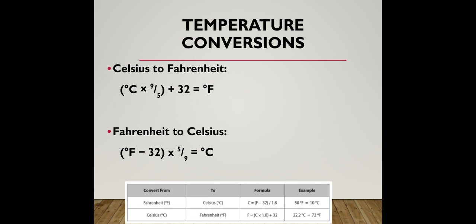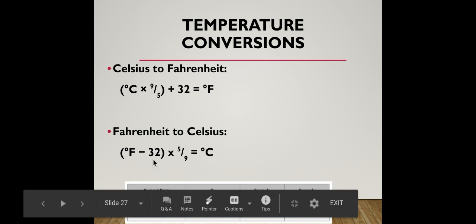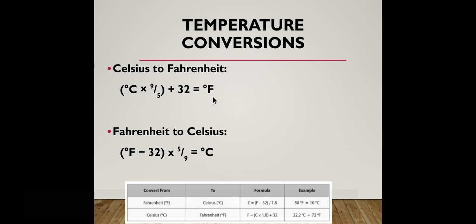This, of course, is a cumbersome equation to remember. If you do it enough, you will just have it in your mind. But an easier way is if you're going from Celsius to Fahrenheit, take the degrees Celsius that you're given in your problem, multiply it by 9, divide that by 5, get your answer, and add 32.